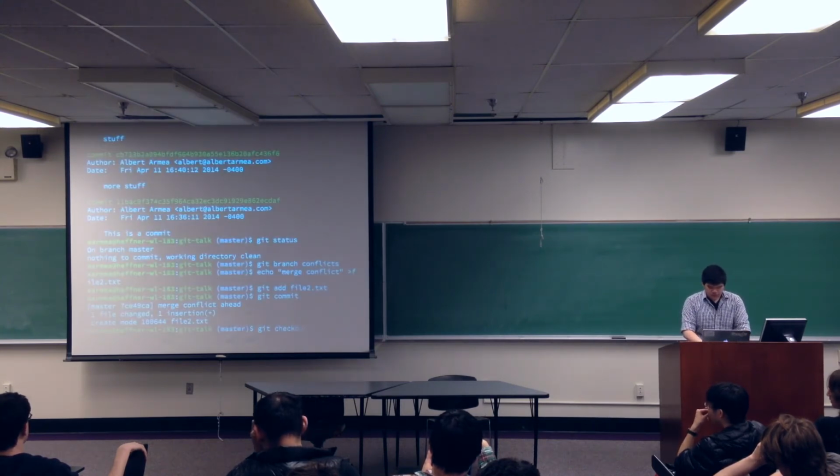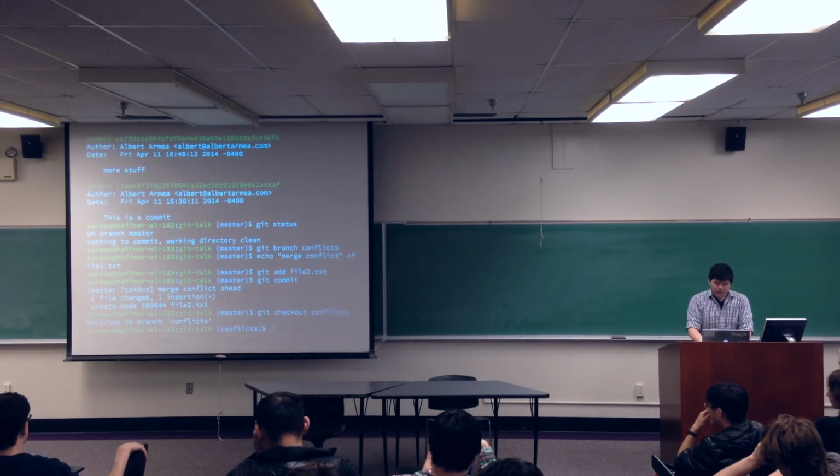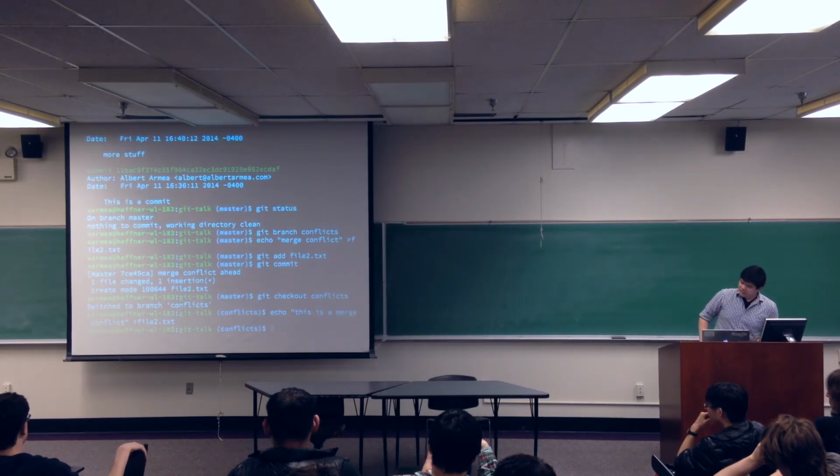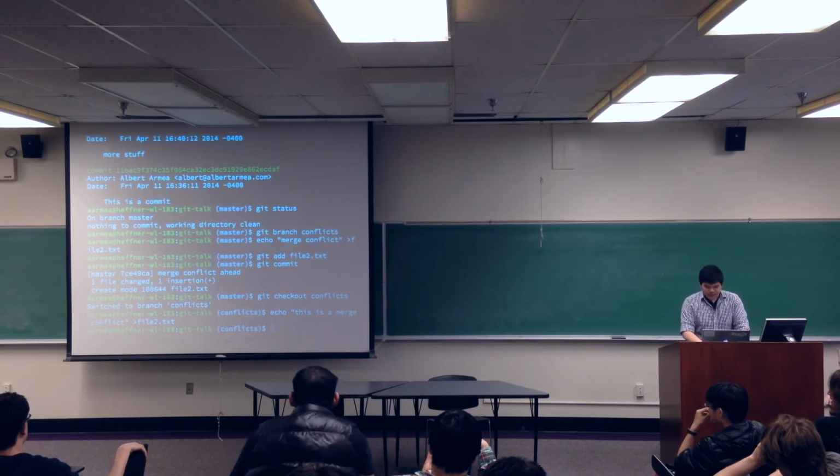And now we switch over to the other branch. We want to make another change that will conflict. Okay. So now we have two files. I need to commit that, right?